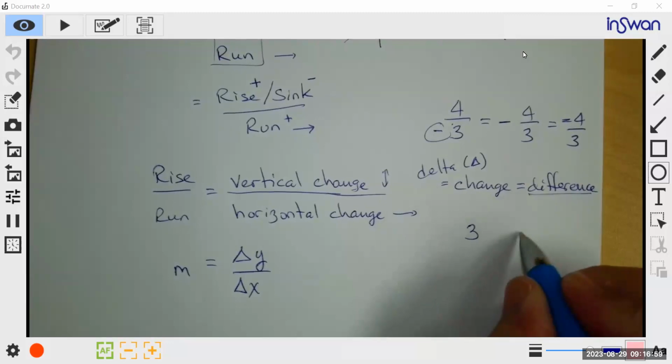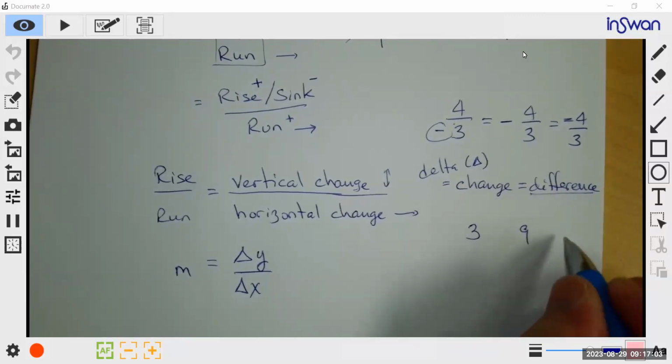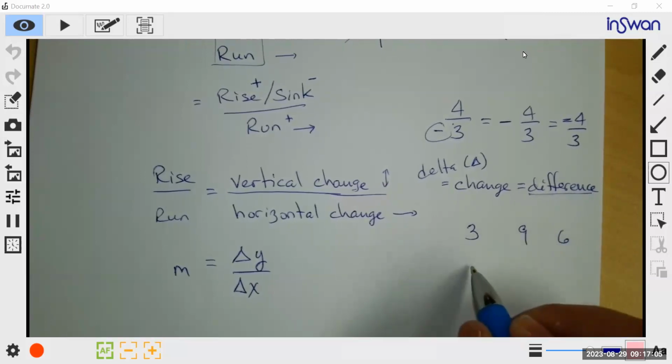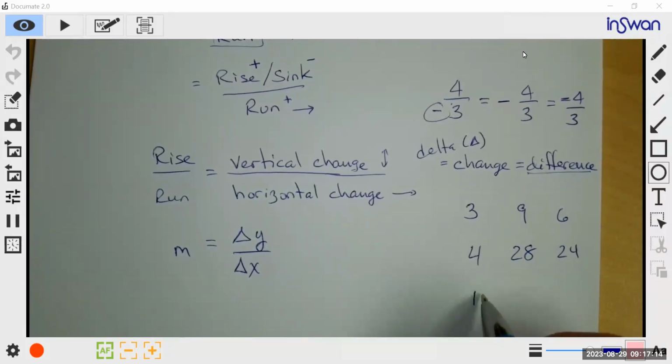How far is it from 3 to 9? How far is it from 4 to 28? How far is it from 12 to 97?